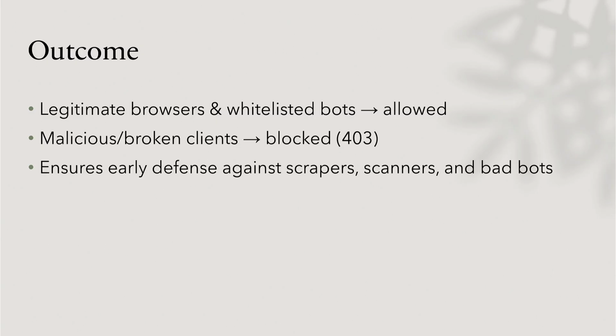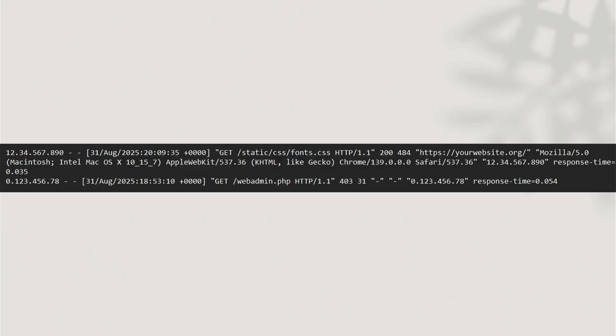If you have malicious or broken clients, for instance, if you get a request with partial or missing headers, it ends up being blocked outright. I'll go through an example of how that works. The IP address here, I changed, but everything else is from the web app I have hosted.